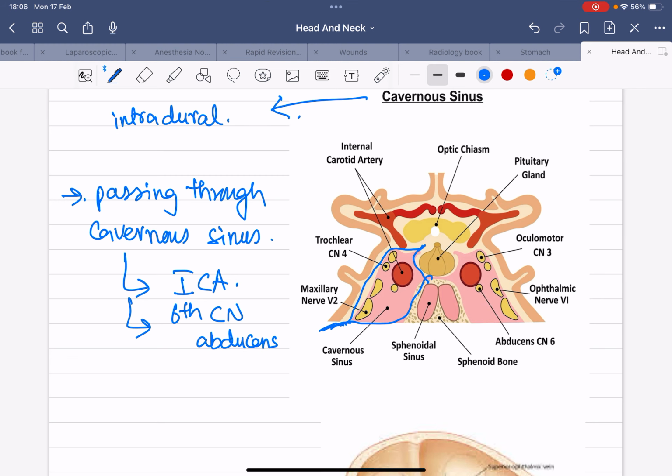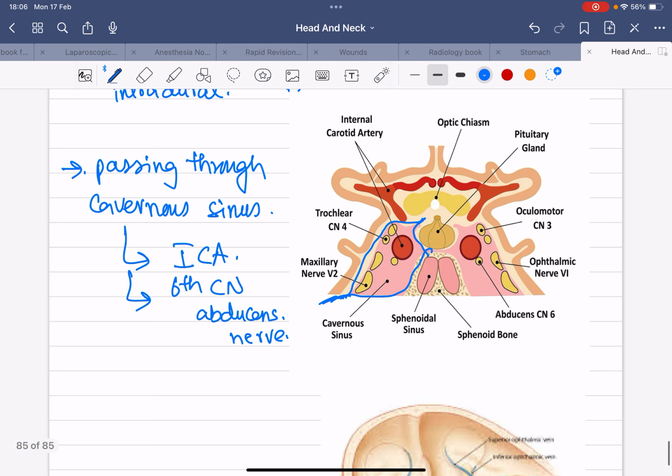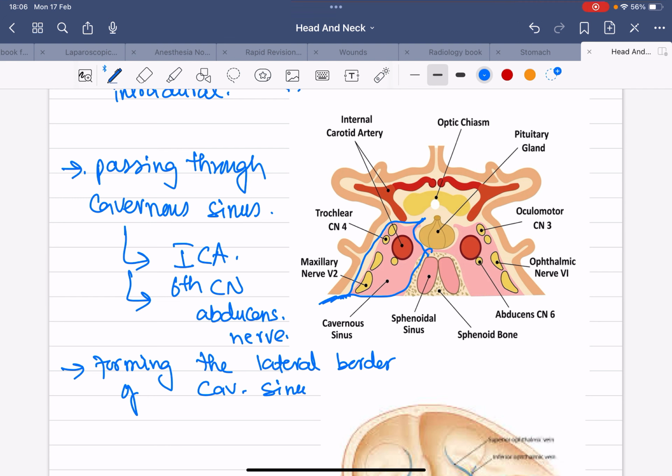Abducens nerve. And there are other nerves which form the lateral border of your cavernous sinus. What are these structures?